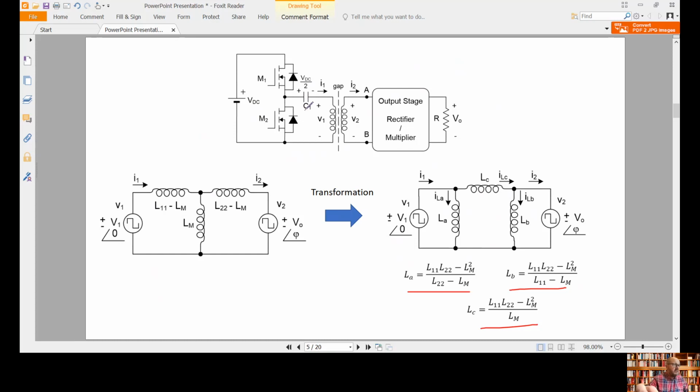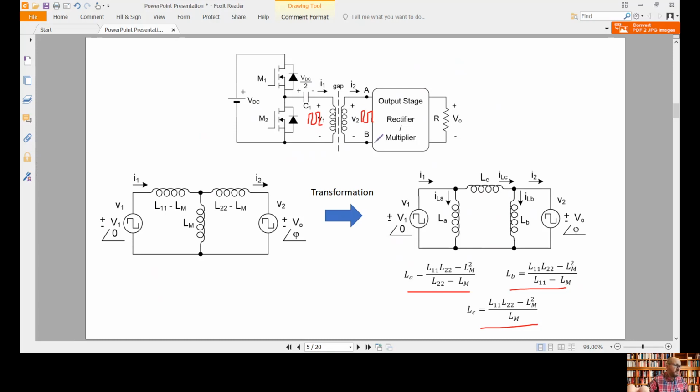Okay, so in this circuit we are applying an input voltage which is a square waveform at the input, that we are going to designate as V1, and then we are going to have also here at the output another square waveform, because it's the input waveform to the rectifier or to the multiplier that we are going to use.